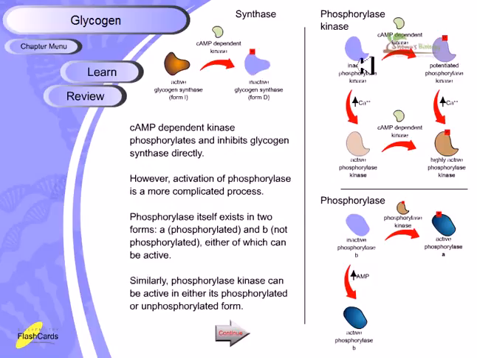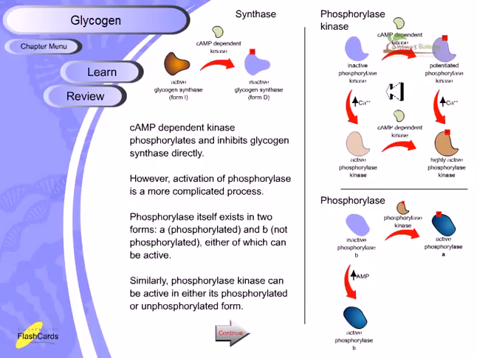However, in the case of the phosphorylase enzyme, when it is phosphorylated it becomes active, and when dephosphorylated it becomes inactive. You can see here that a higher concentration of calcium ion makes this phosphorylase enzyme much more active.